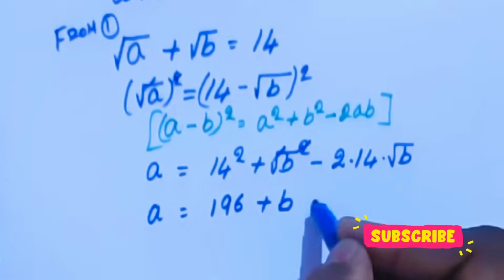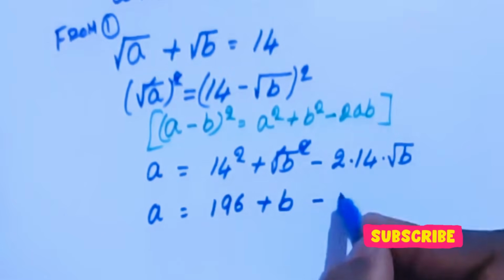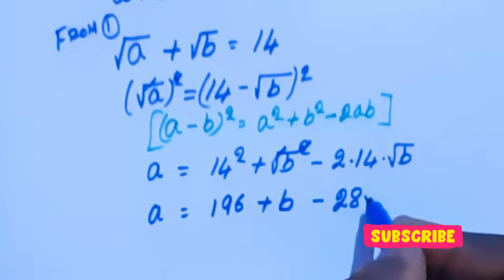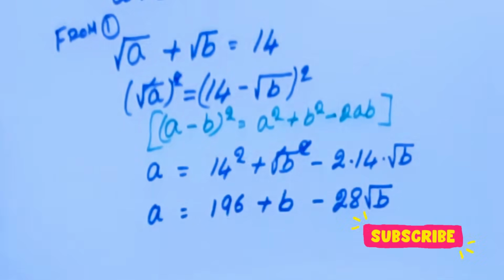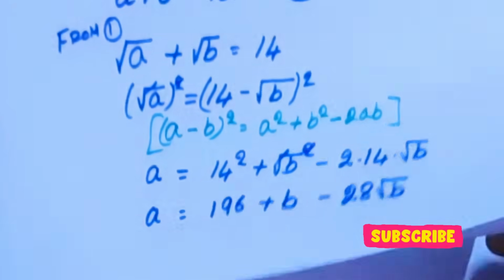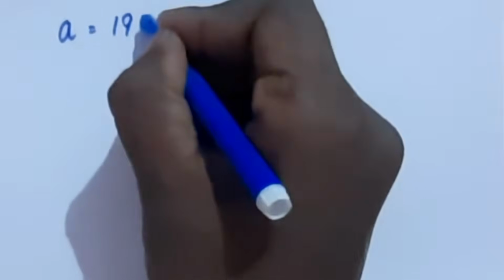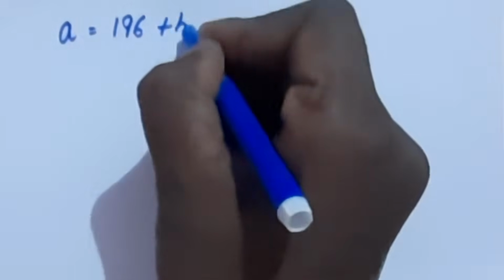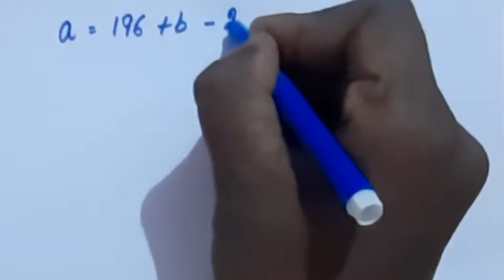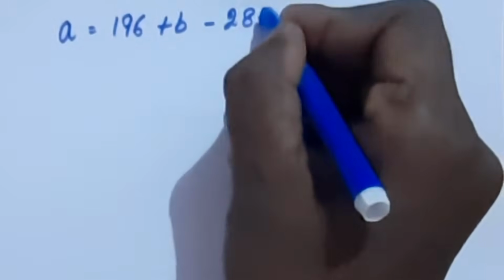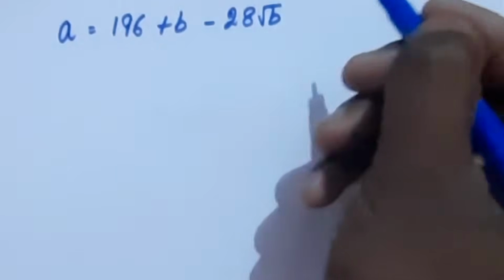So b minus 2 times 14 is 28 square root of b. Now a equal to 196 plus b minus 28 square root of b.